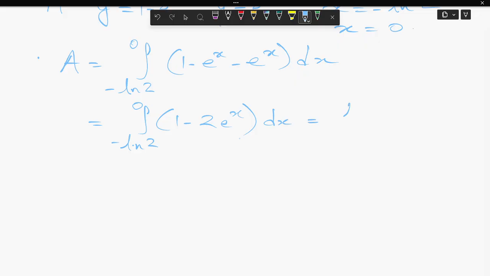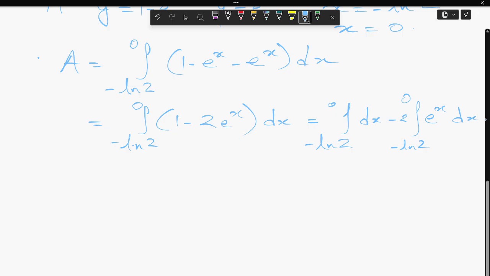So we can write it as the integral from minus ln 2 to 0 of dx minus 2 times the integral from minus ln 2 to 0 of e to the power x dx. Then we get x with limits minus ln 2 up to 0, minus 2 into e to the power x, with limits minus ln 2 up to 0.